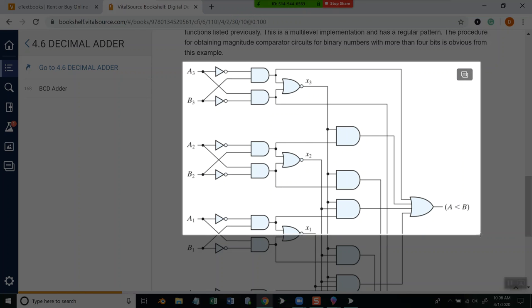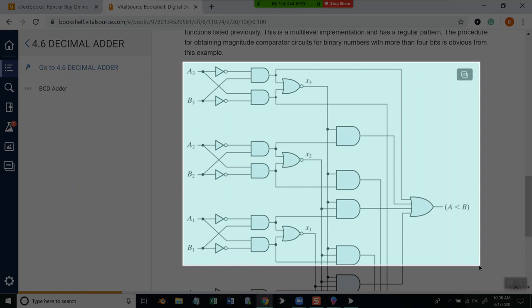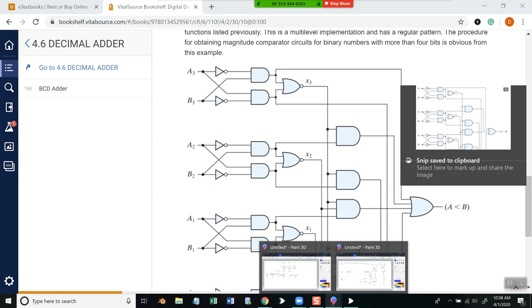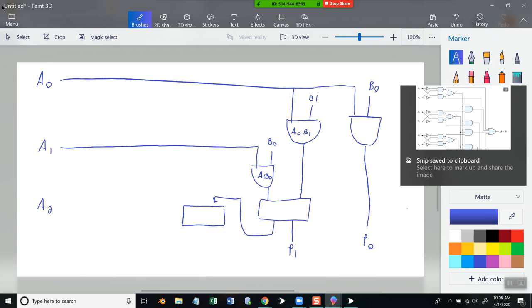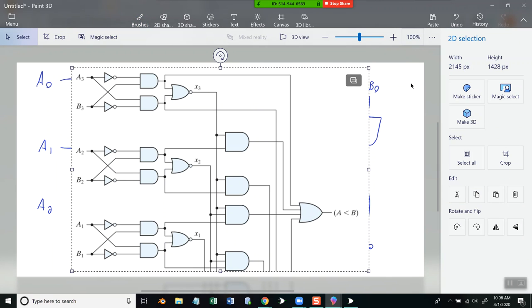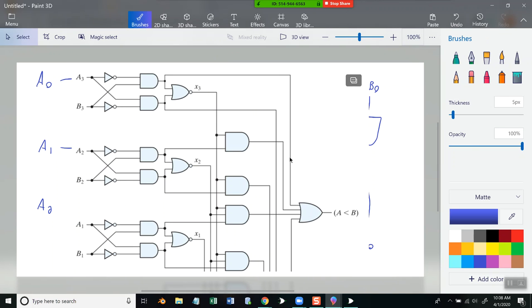I don't want to do all of them, but I'm having trouble seeing it.